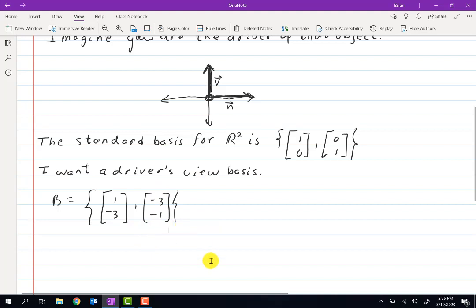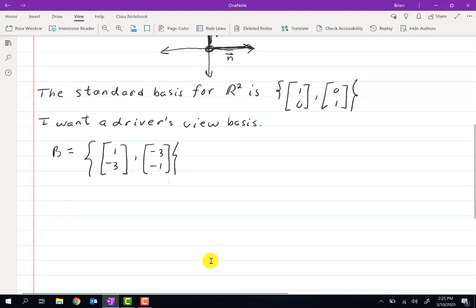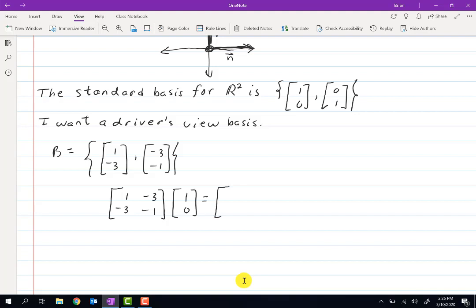Well, based on the standard basis vectors, we have the following equations. If I take this new basis and make it into a matrix by putting the columns in like so, and multiply it times 1, 0, I'll get the vector I want, 1, -3.